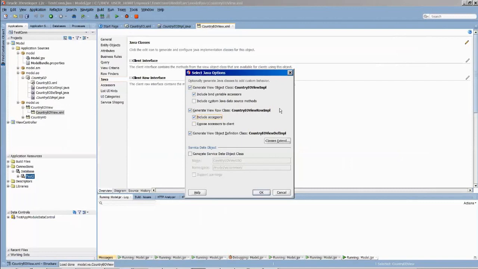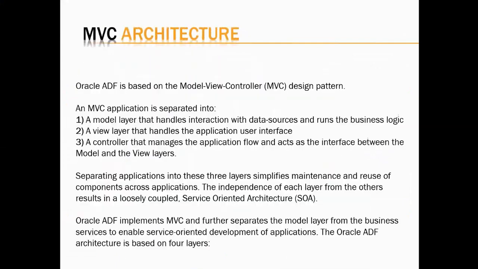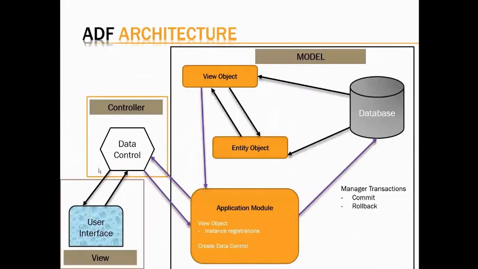If you want to give direct control of getting and setting the view object data to the data control, to show data in the user interface, how does it typically work? The data control refers to the view instance, and through the view instance it gets and sets the data.